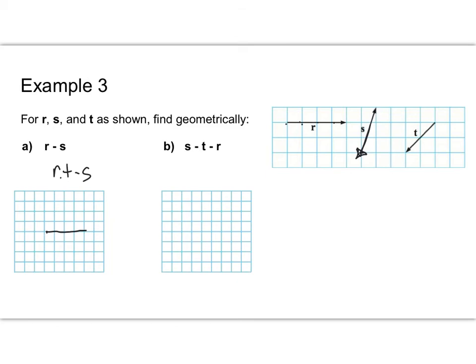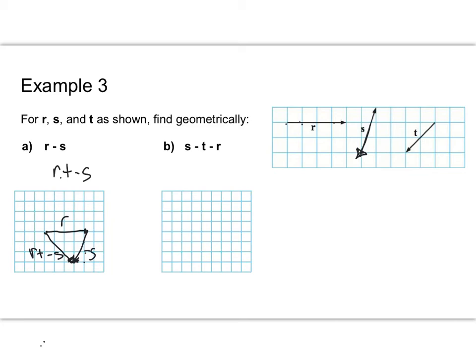It moves down 3 and to the left 1. Pardon the herd of elephants that just ran by the room. So this would be r plus negative s, where this is r and this is negative s. But that looks a little sloppy.